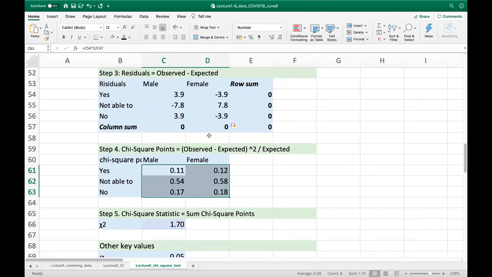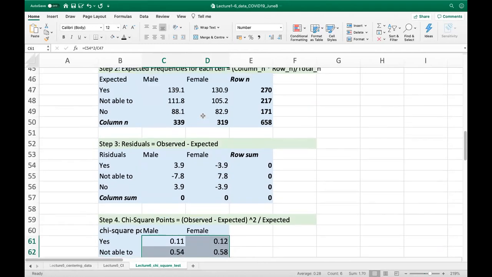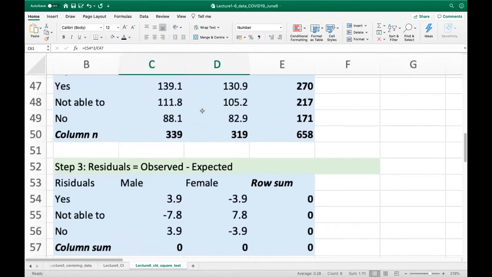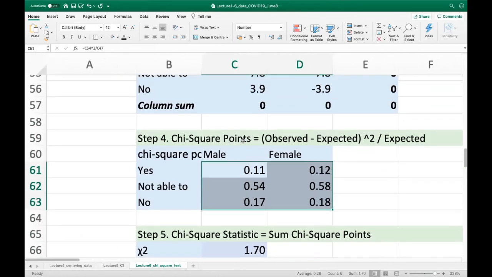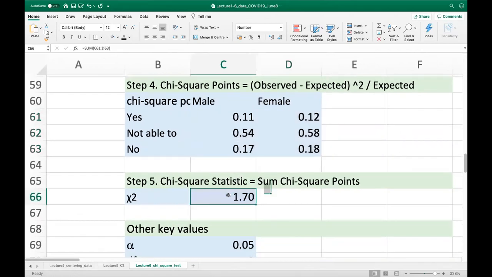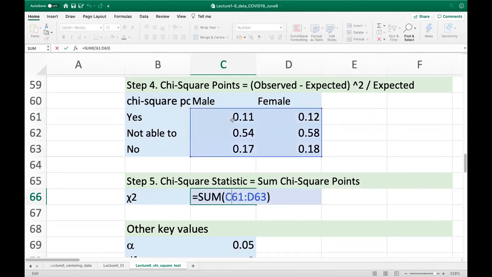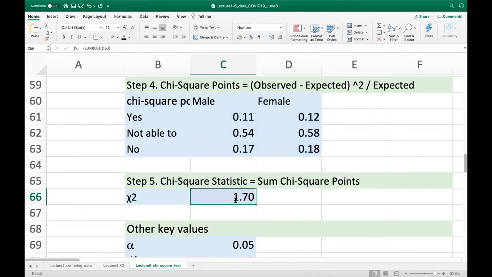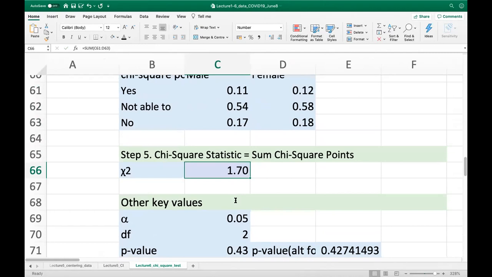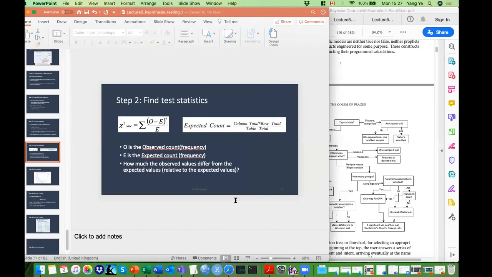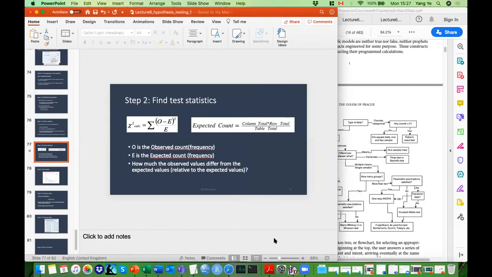Basically, these values to the power of 2 and divided by the expected give us chi-square points, and then if we add up all the points, we get the sum of all these values. We have the chi-square. In this case, chi-square equals 1.7. So that's the chi-square statistic that we obtained.